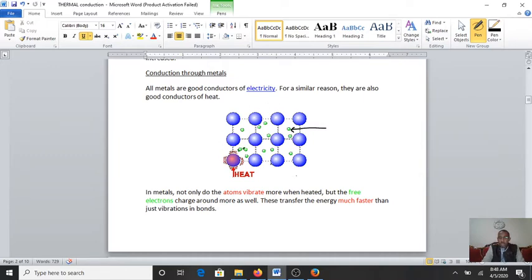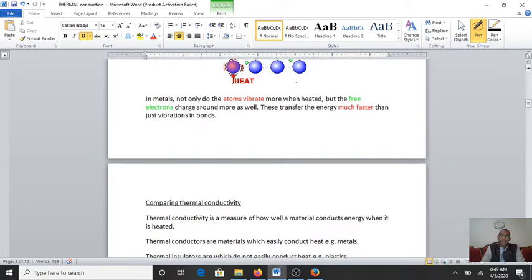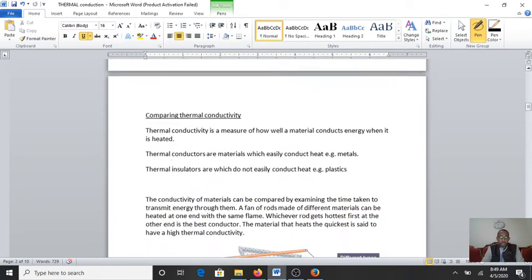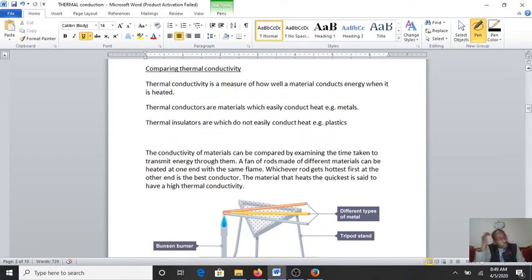So the process of heat transfer speeds up. That's why metals are better thermal conductors due to the presence of these free electrons, and they speed up the whole process. It happens much faster than in nonmetals.